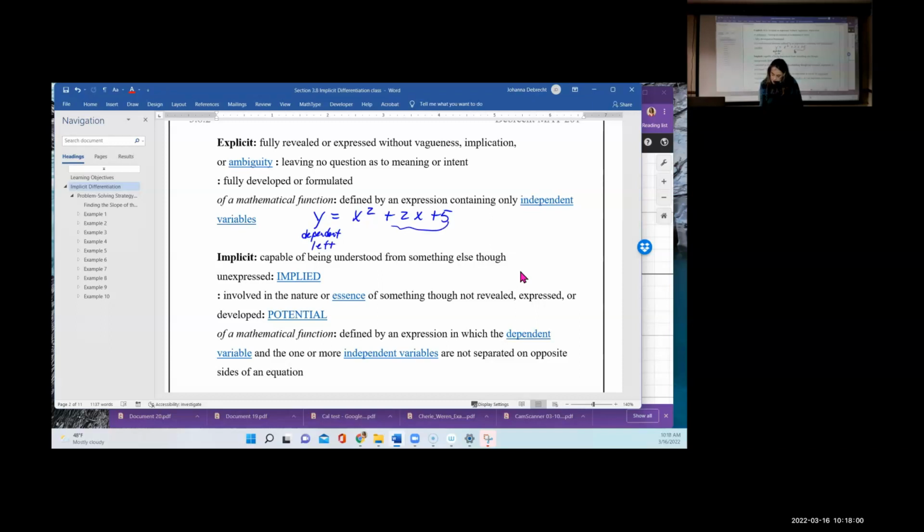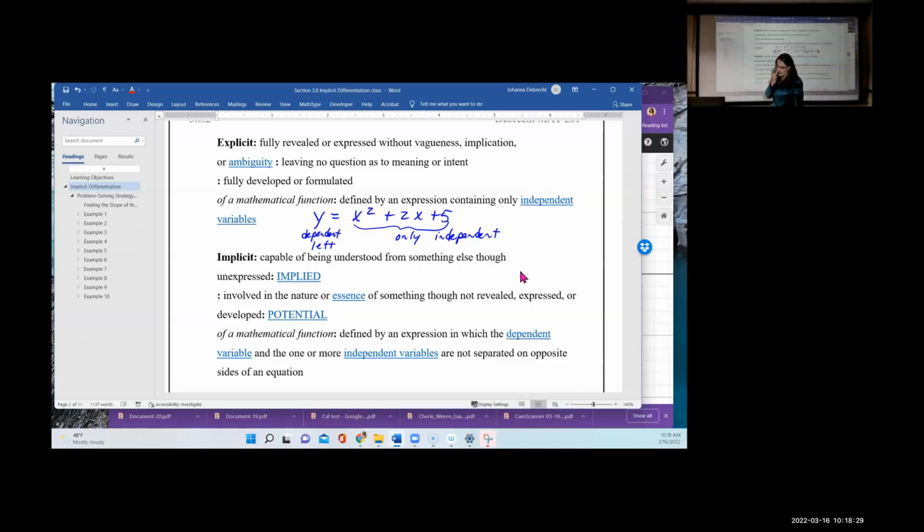And on the right side, I have only the independent variable. This is what we mean by explicit. I can explicitly separate these guys. Dependent variable, you stay over there on your side. Independent guys, you get over here on the other side and don't mix. All right, so we've got a complete separation of independent and dependent variables.